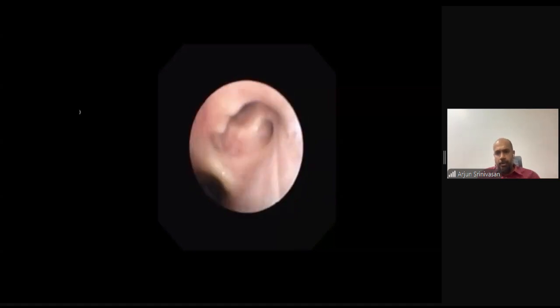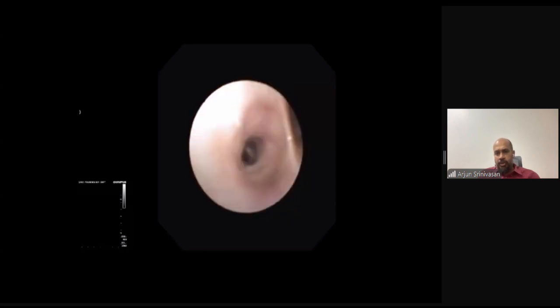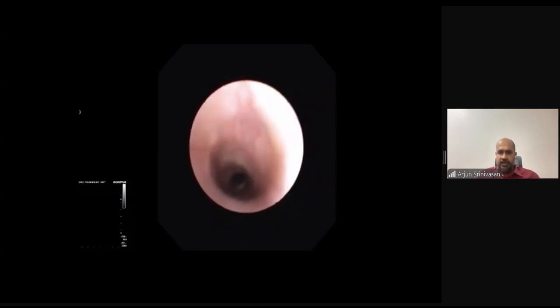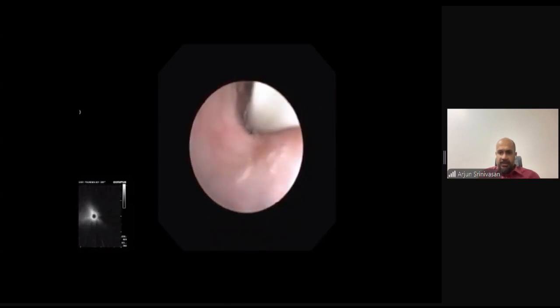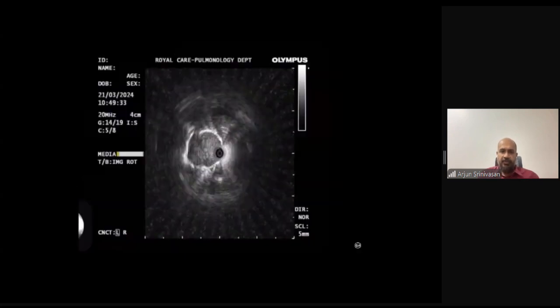radial probe inspection. You can see that since it's an ultra thin, you're going into the right upper lobe posterior, the anterior subsegment of that, then the inferior subsegment. Then you are able to visualize. So you are able to get into multiple subsegments before you're able to visualize the lesion.